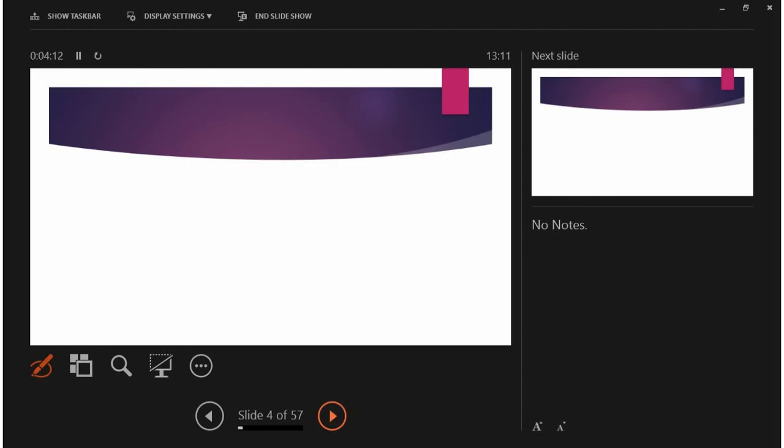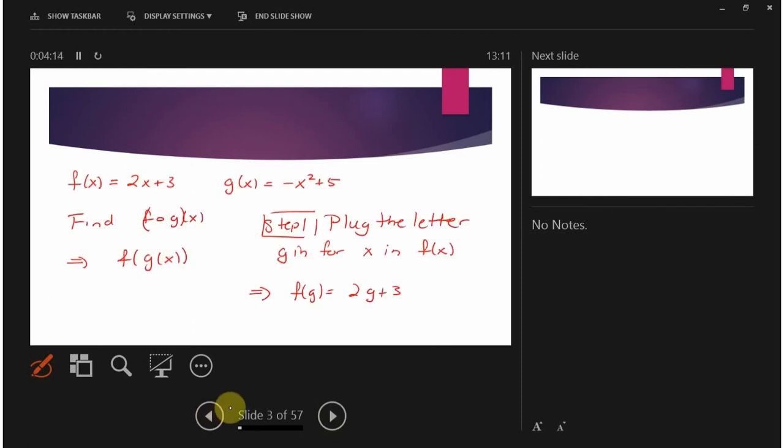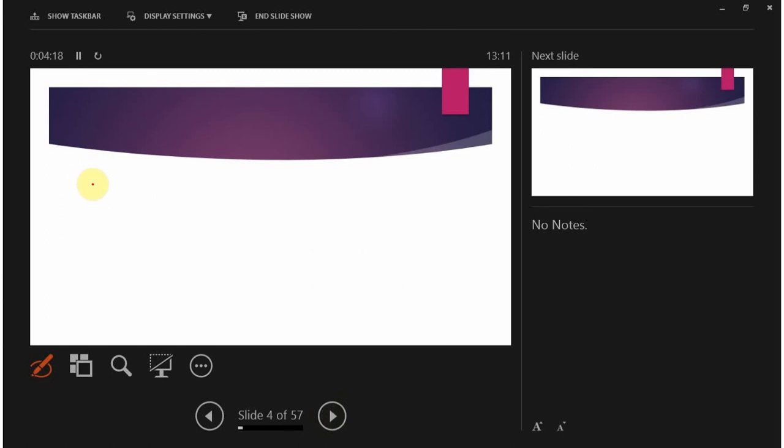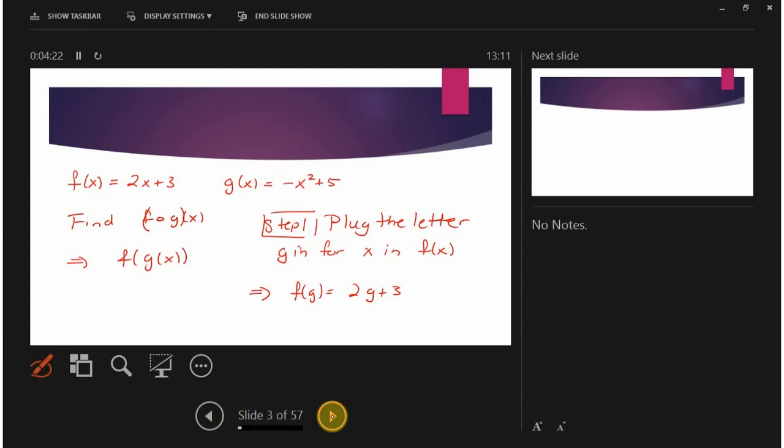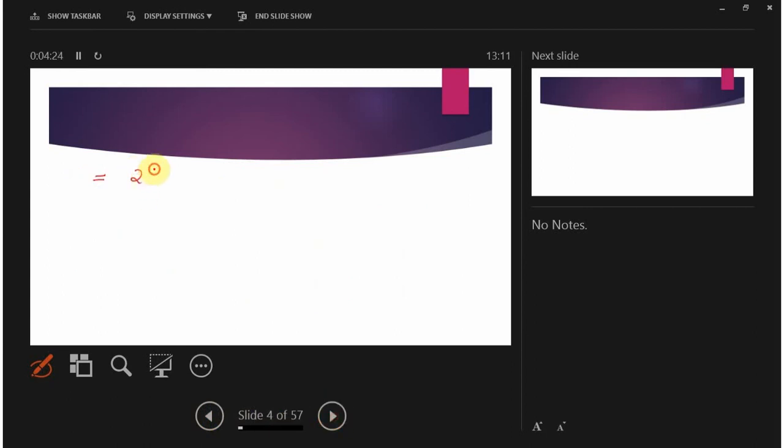Okay, so the g in this case, if we look back, was minus x squared plus 5. You would substitute then, instead of g, minus x squared plus 5.